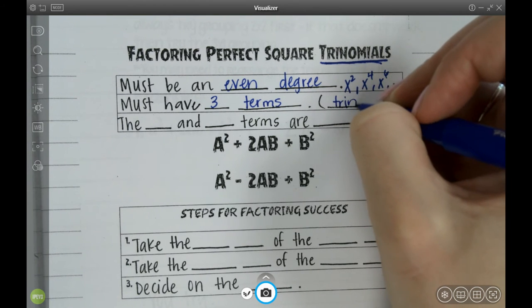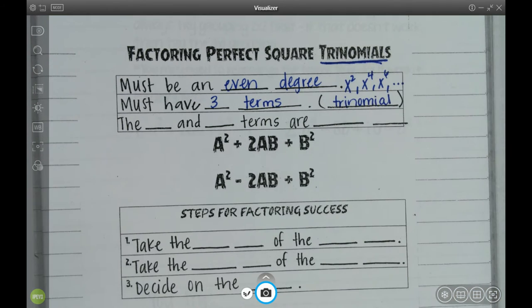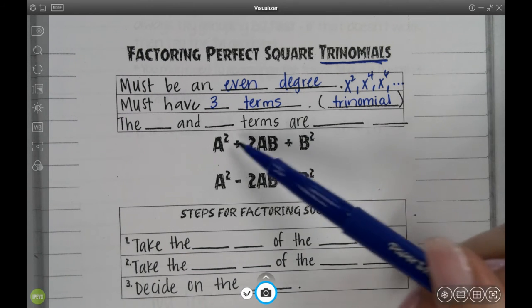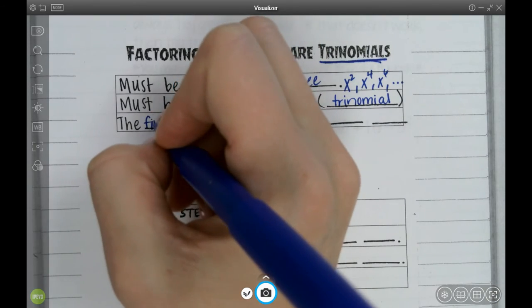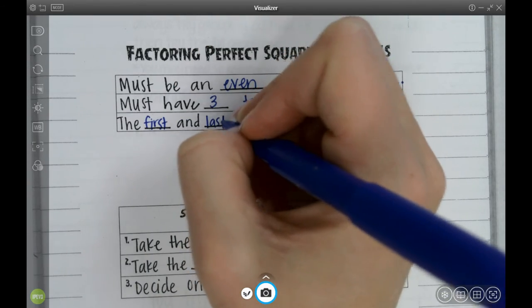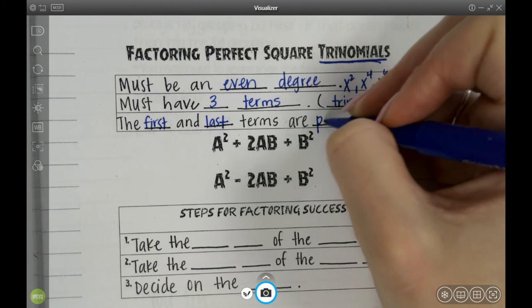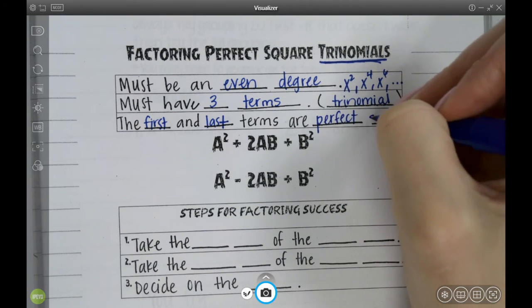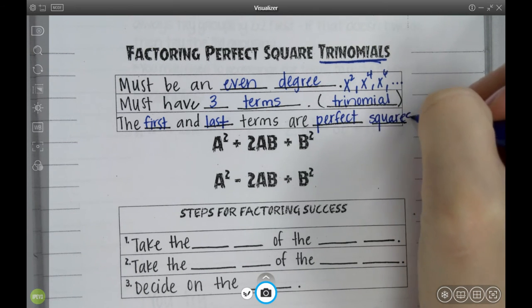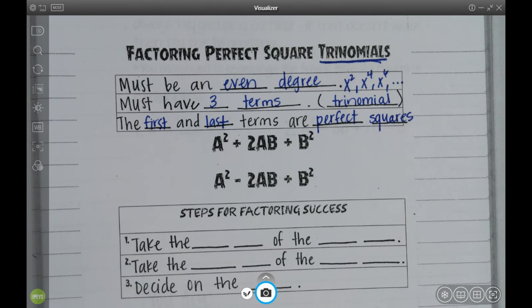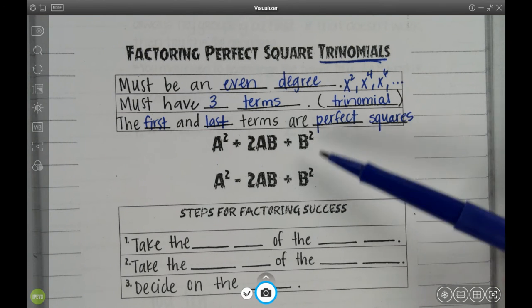So it's a trinomial because it has 3 terms. Okay, and then your first and last terms are perfect squares. So this is what they look like.